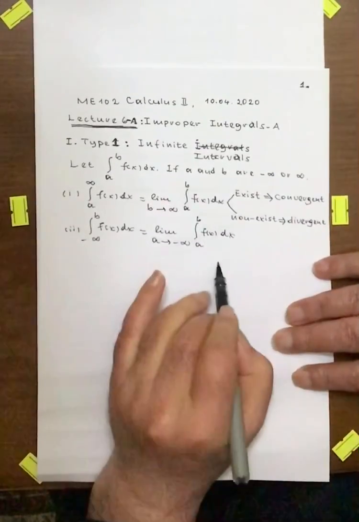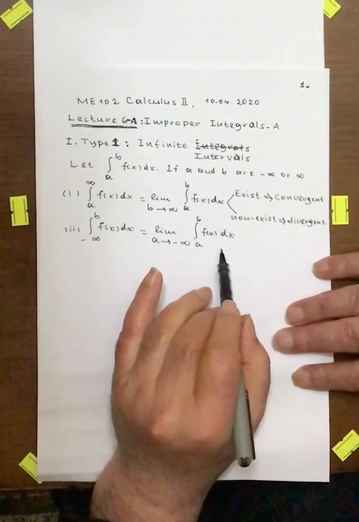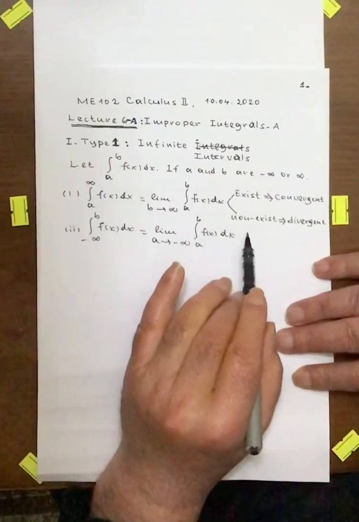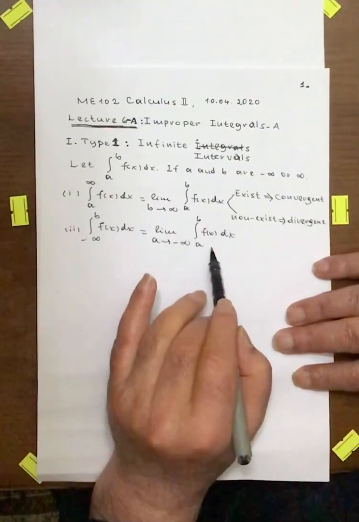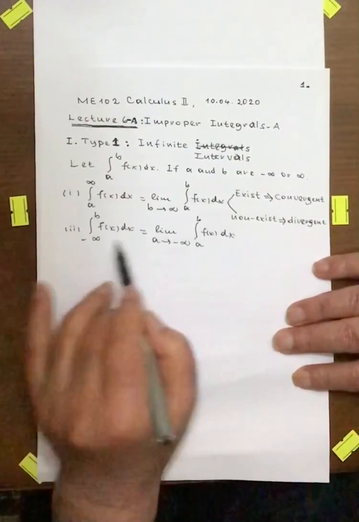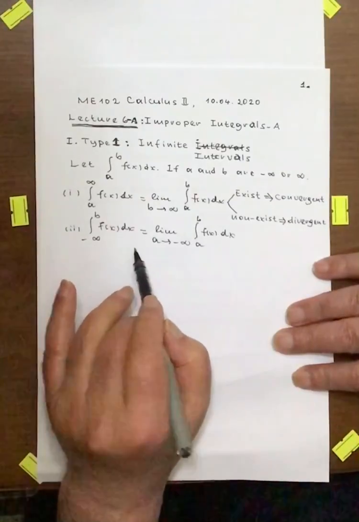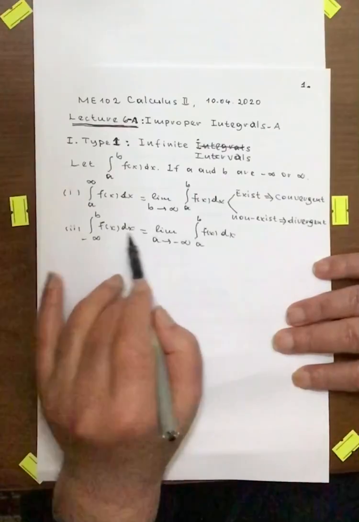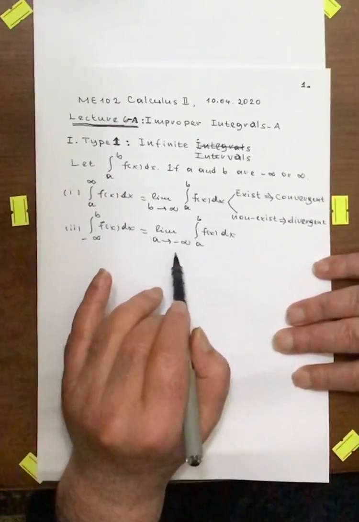Now we have again two possibilities. This limit maybe exists or does not exist. If this limit exists, we call this given integral convergent. If this limit does not exist, then we call this given integral divergent.